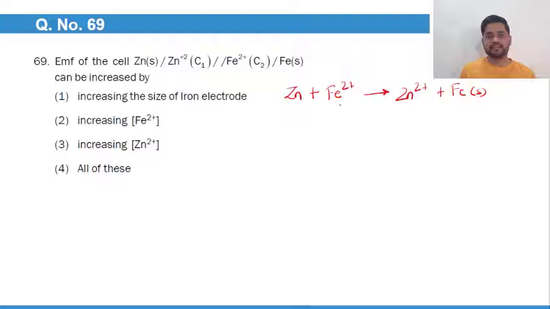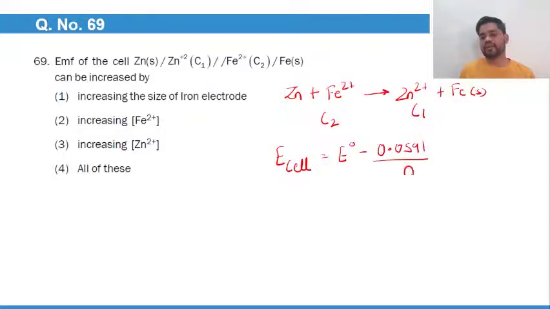Here this is concentration C1, this is concentration C2. So if I want to calculate EMF of a cell, that is equal to E naught minus 0.0591 upon n, that will be equal to 2, log of concentration of zinc 2 plus whole divided by concentration of Fe2 plus.